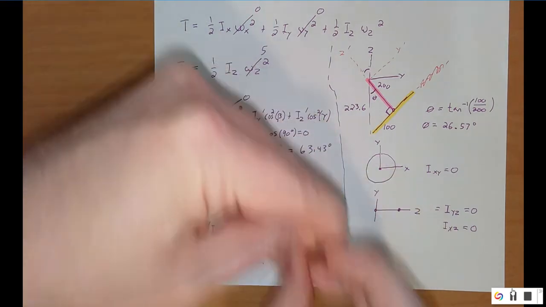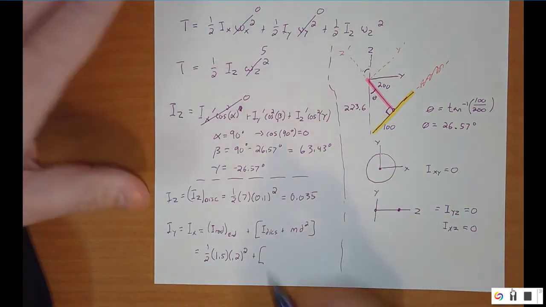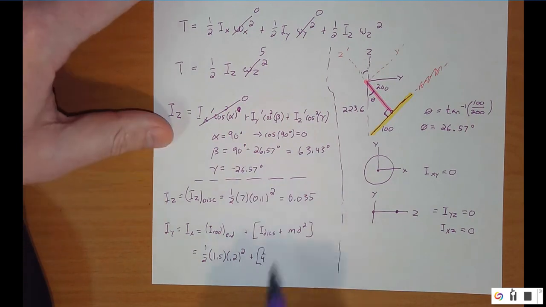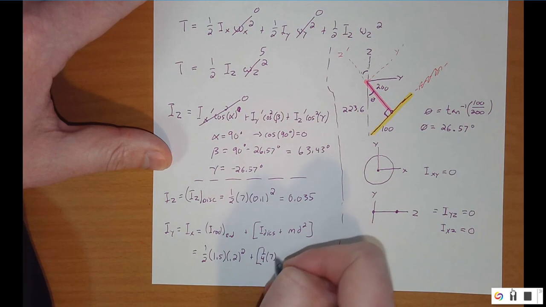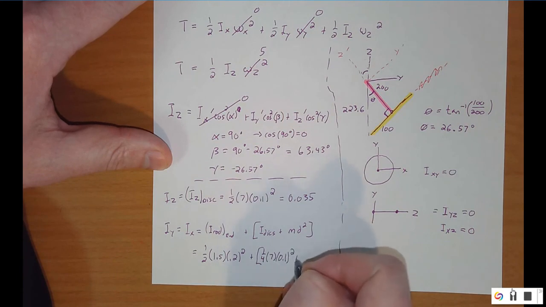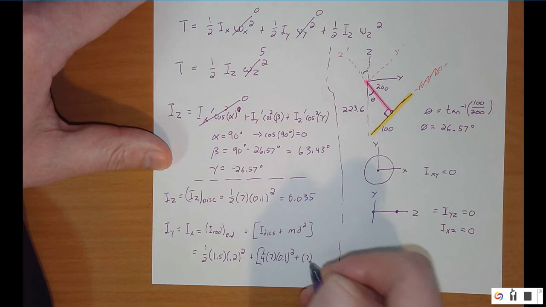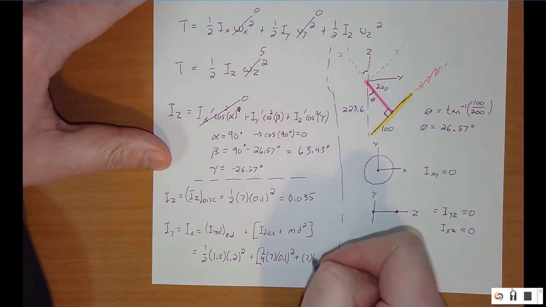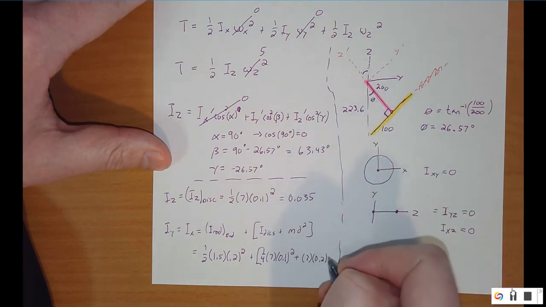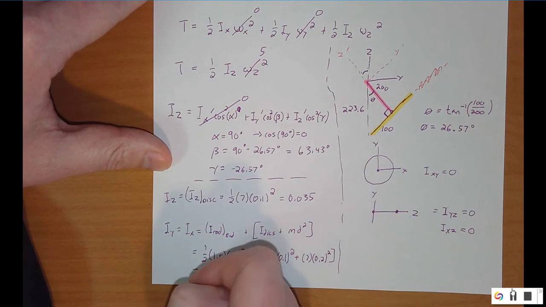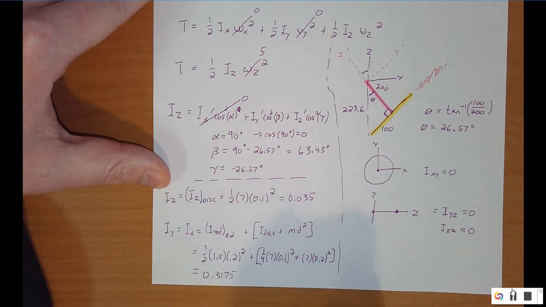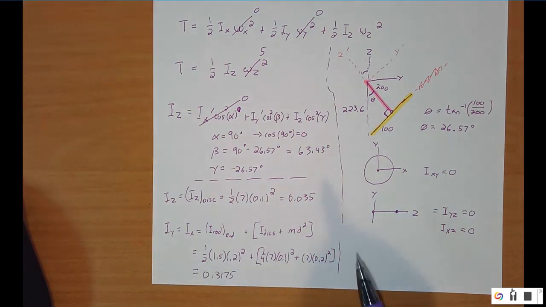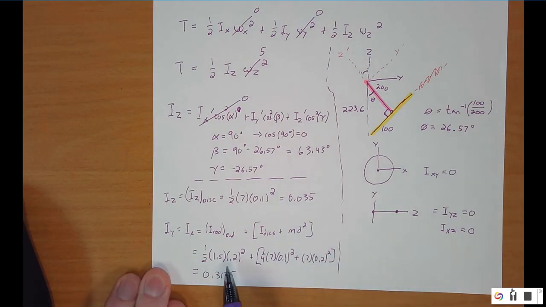So it'll be 1/4 ml squared, which is just half of the other number. 1/4 times 7 times 0.1 squared, and then its mass again is 7, and its distance is 200, so 0.2 squared. When you put all that together, you will get 0.3175 as our number.